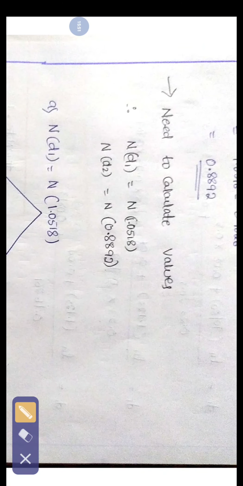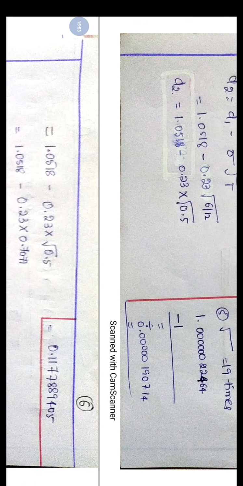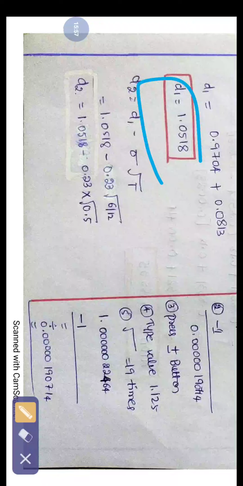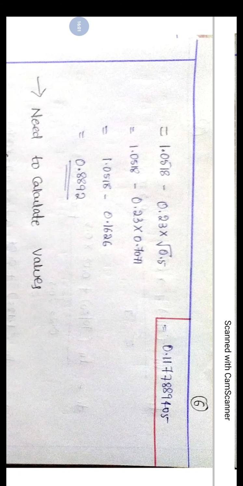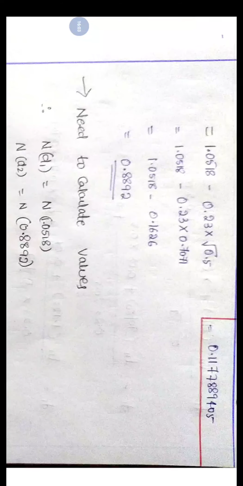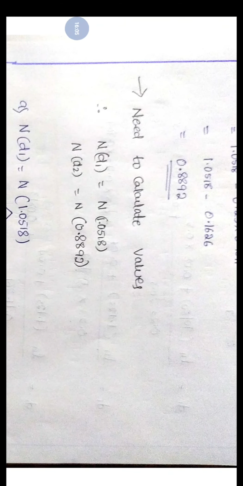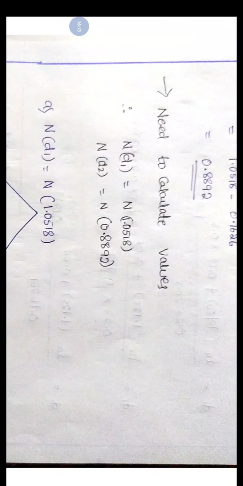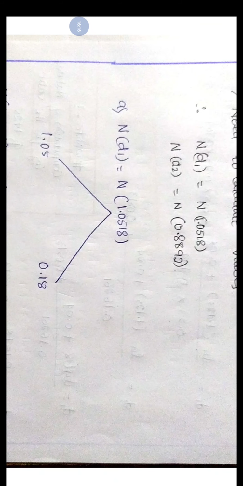So N(d1) means d1 value, we have calculated here, d1 is 1.0518, and d2 is 0.8892. So N as it is of 1.0518 and d2 0.8892. So let's take the first one, N(d1), that is N of 1.0518.